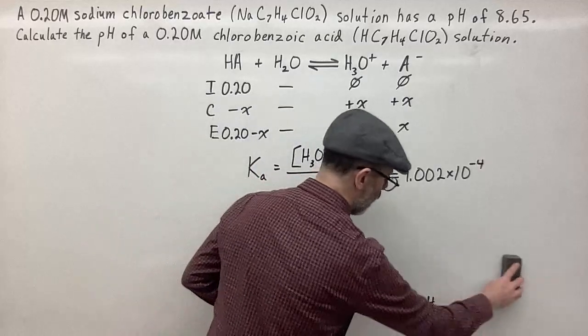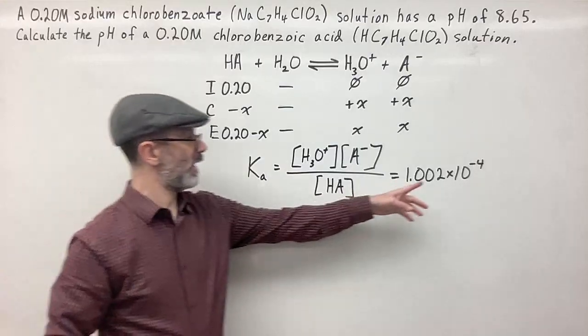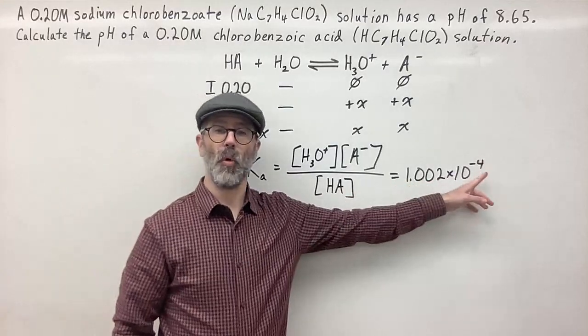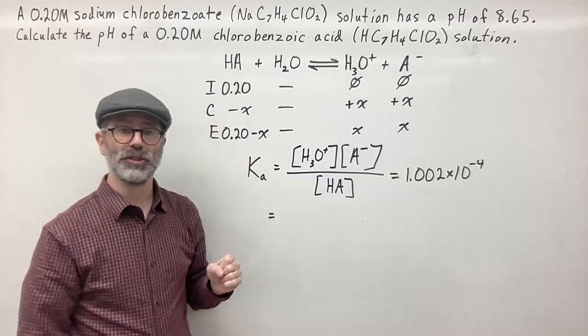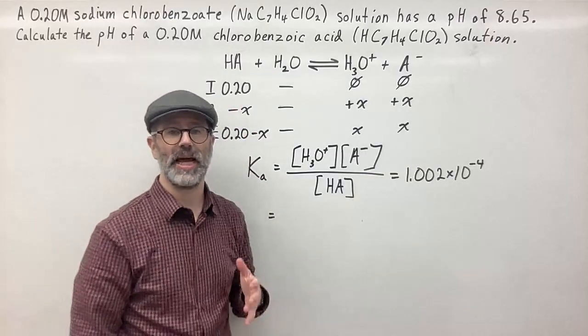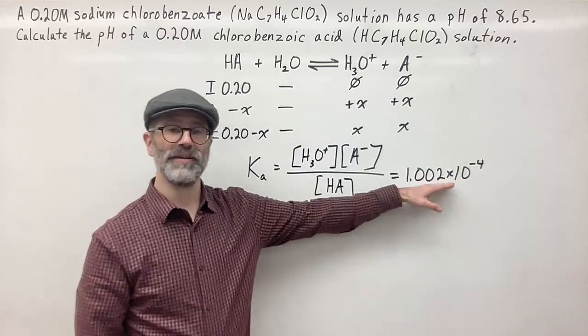Okay, now notice here that this is 10 to the negative 4. This is the concentration 0.2. That's 2 times 10 to the negative 1. That's a difference by a factor of 1,000.